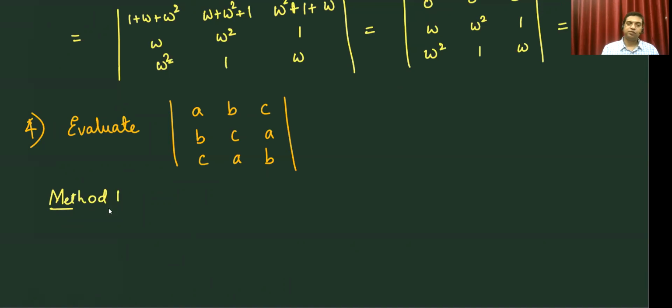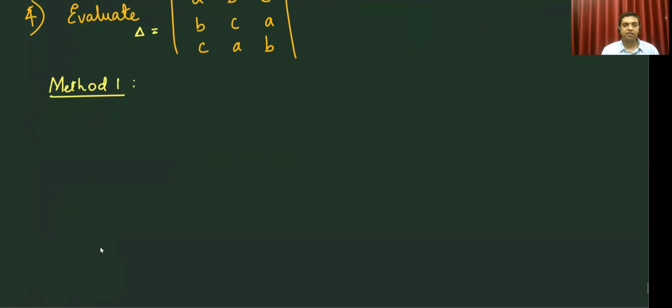Sir, is the answer minus a cube minus b cube minus c cube plus 3abc? Yes, that's right. Now method 1, I'll write this determinant as delta: ABC, BCA, CAB.